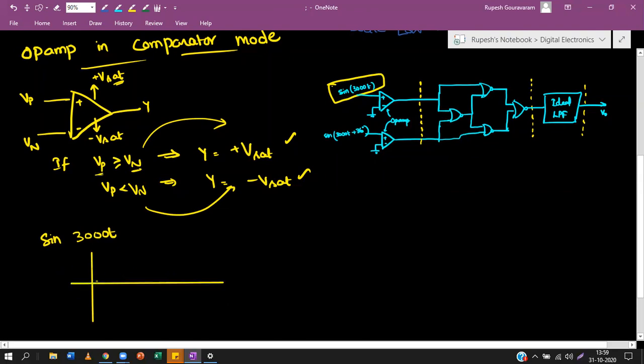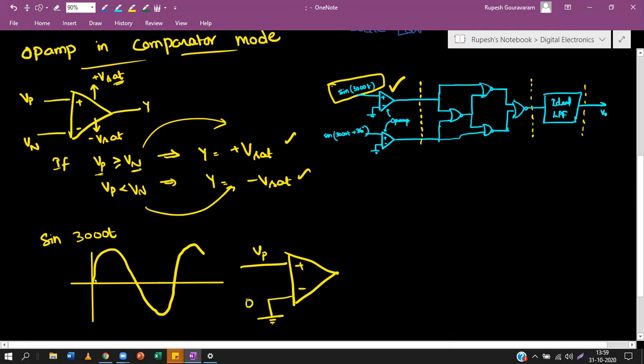A sine signal will look like this. Okay, if this is given to the comparator here, let us take the first one, this op amp. So this is given as one of the inputs as VP. So this is the op amp, this plus and this minus, and we know that this is grounded. So this is always 0 volts. Now how will the output of this op amp behave?